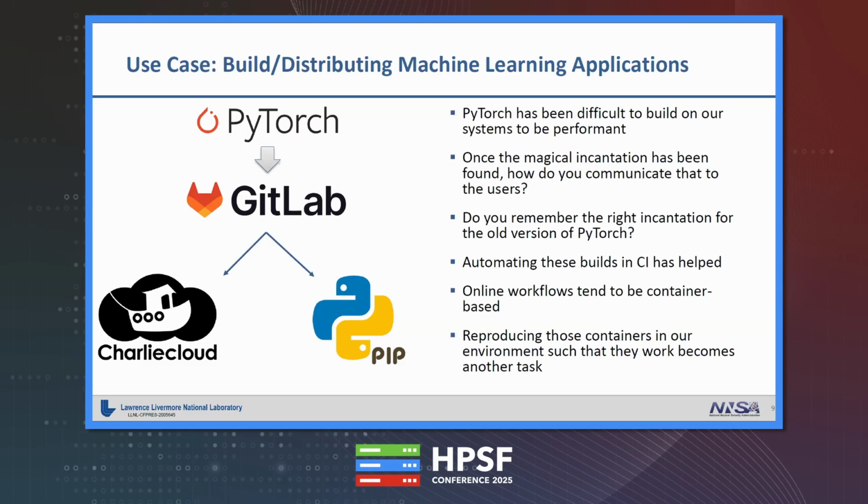It'll be very locked down to whatever version of ROCm they were targeting, and you don't know if it's necessarily going to be very performant on your specific architecture type. So having this CI workflow, I can build this on our machines and deploy it pretty easily, automatically.